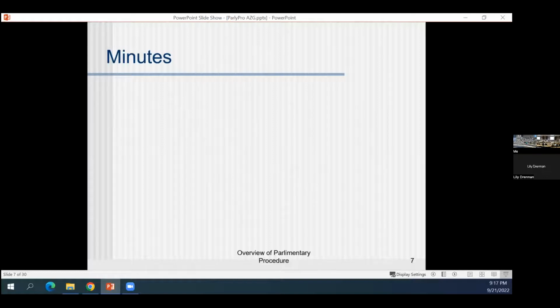Did the initial amount get amended up or down? Was that successful? Was the overall motion successful? So that's a very important part of the minutes.